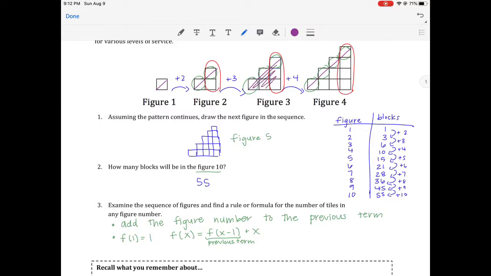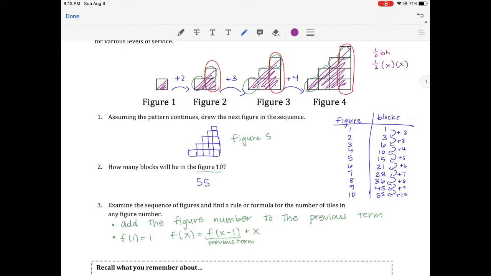So this part down here, remember the area of a triangle is just 1/2 base times height. So in this case, 1/2, your base is just x, 3 for figure 3 or 2 for figure 2, and the height is also that x.